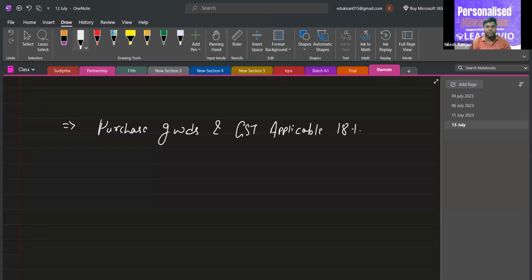For that, we have to know the seller's place of business and the buyer's place of business. So let's say both are in Delhi. Then the journal entry will be purchase account debit. Generally, what we do is purchase account debit to cash account. Purchase amount is 50,000.